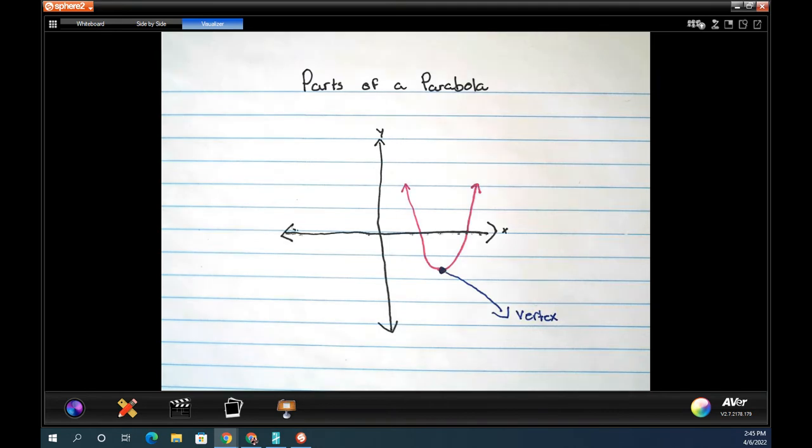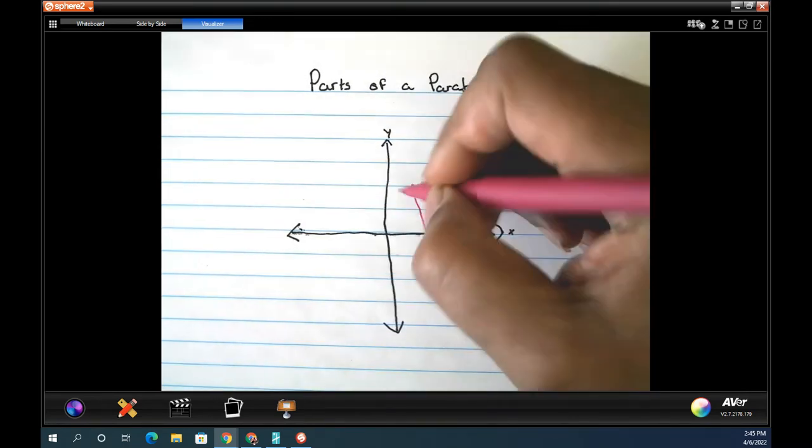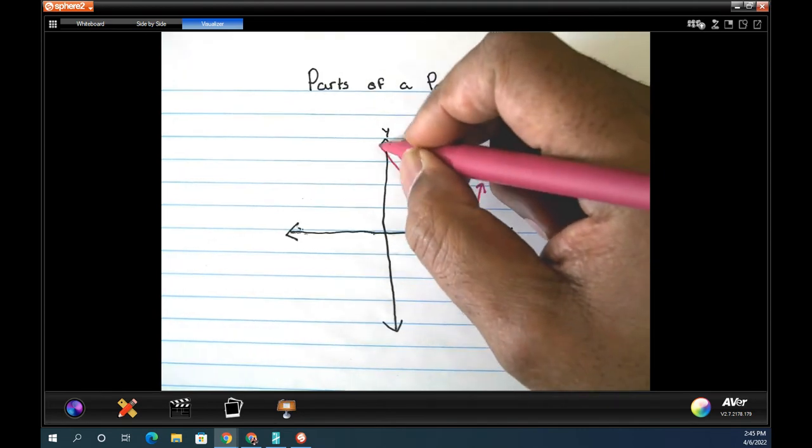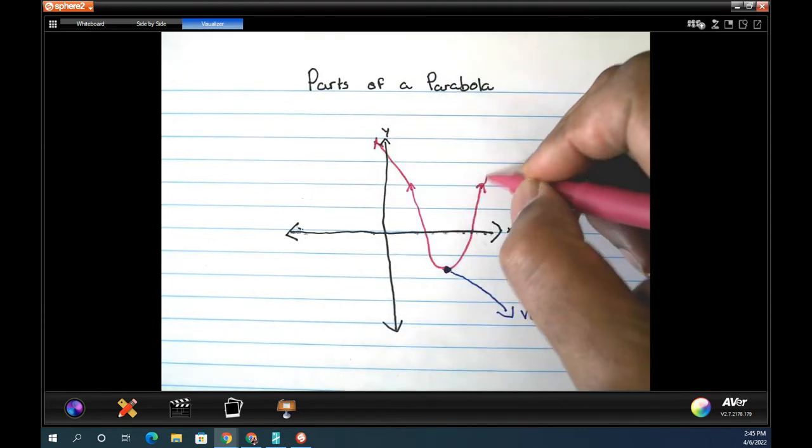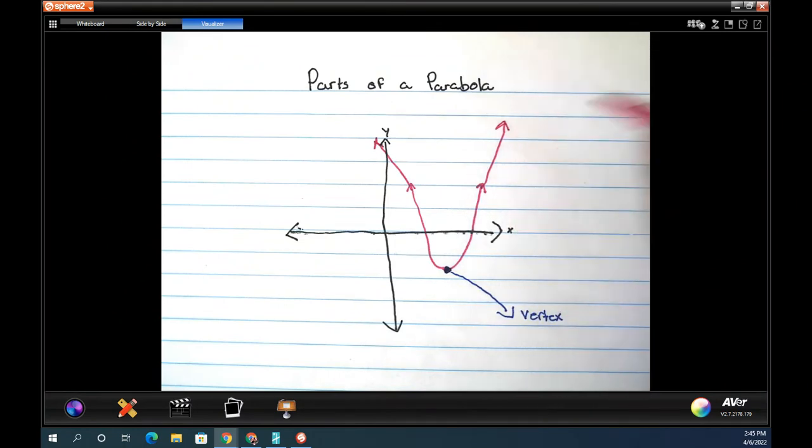Now, oh, I needed to extend mine a little bit. My fault. This thing gets wider and wider. That's fine. Okay.